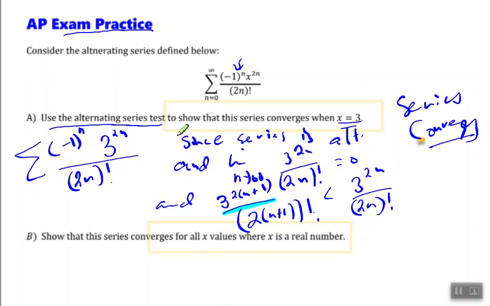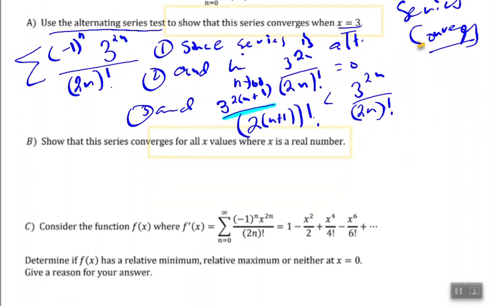Right, you just state the 3 things. It's alternating, the limit is 0, and it is decreasing, right? And that's really all there is for that one.